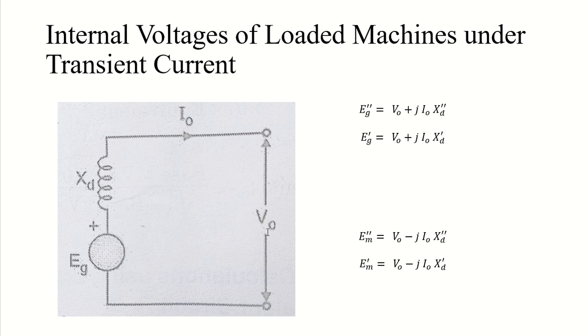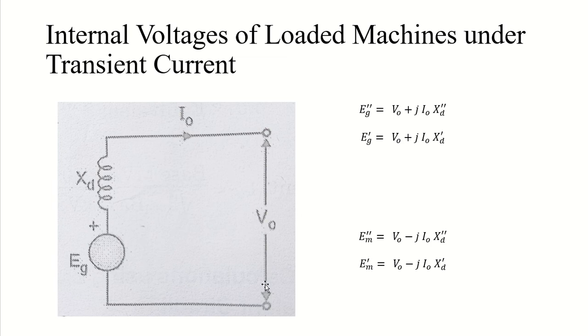So first will be sub-transient period, then we will have transient period, and in the last we will be having steady state period, right? So if you want to see this circuit model for transient or sub-transient, how will the model look like?